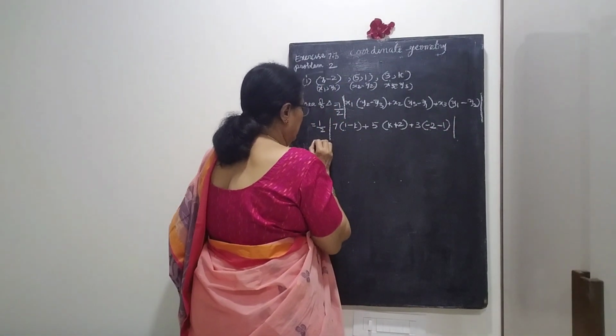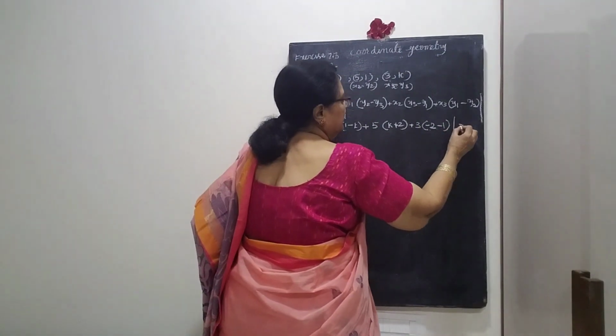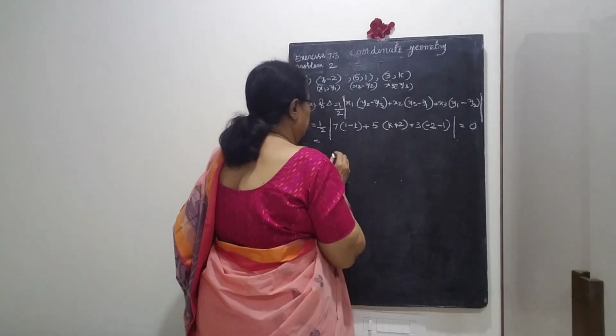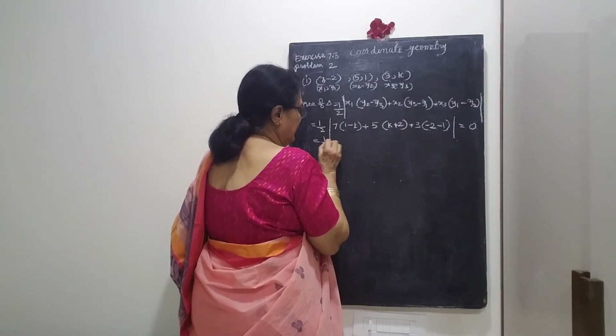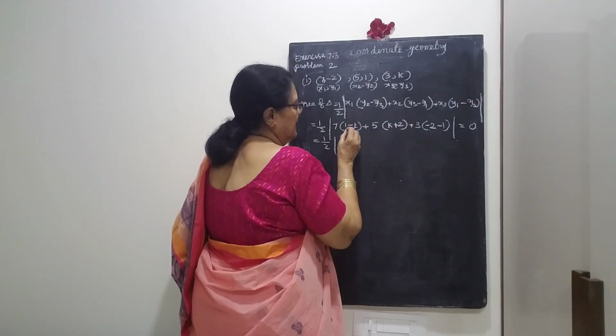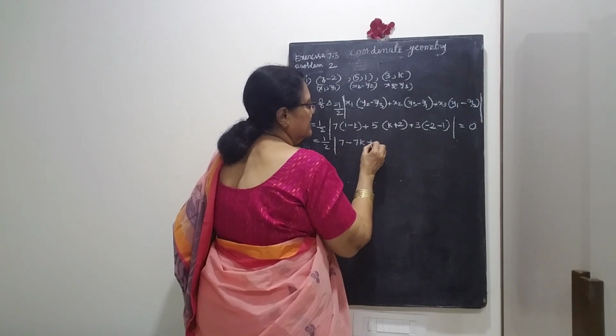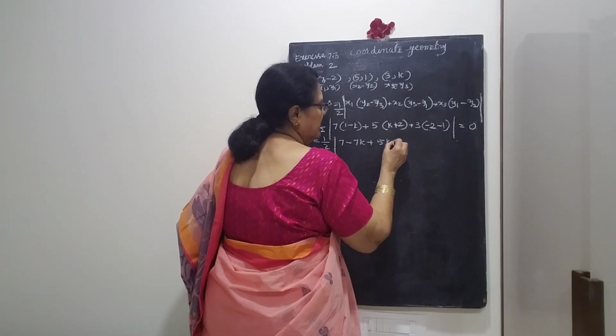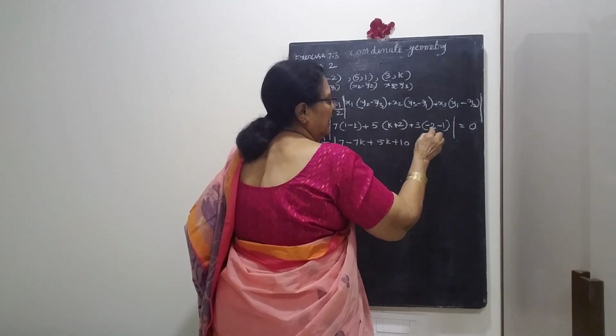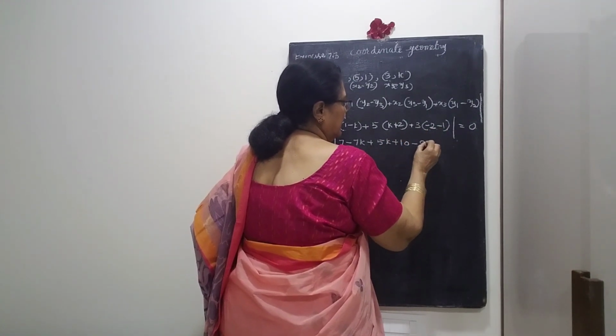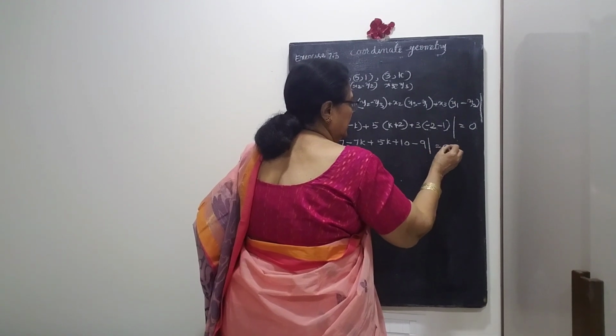So this is equal to 0 because they are collinear. Half into 7 minus 7k plus 5k plus 10 minus 3 minus 9 is equal to 0.